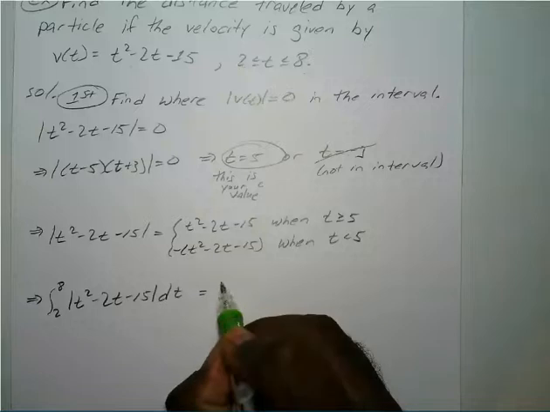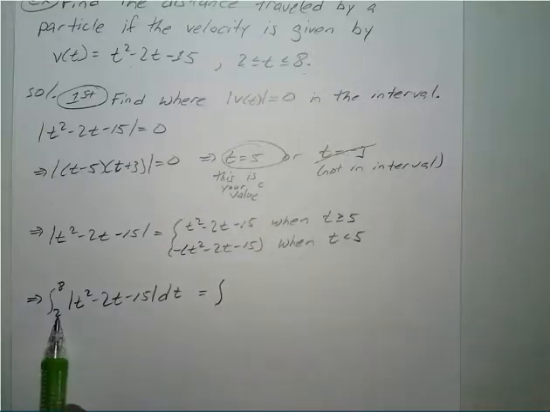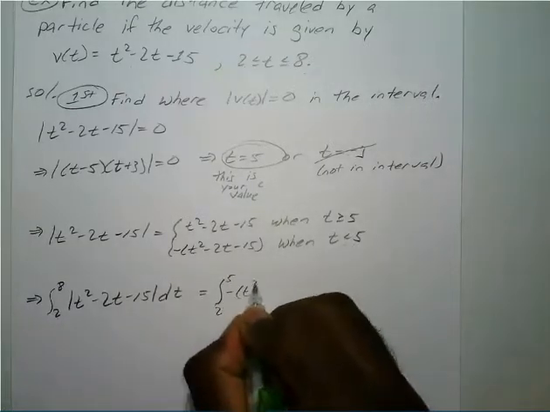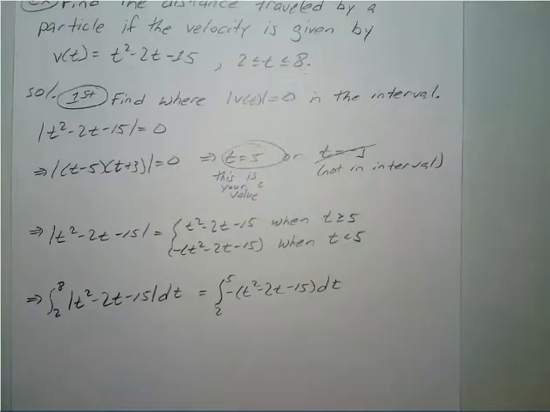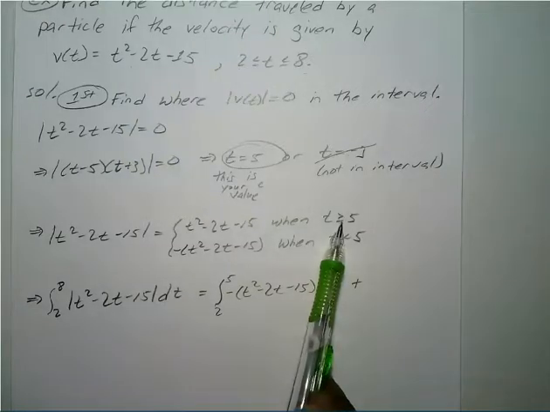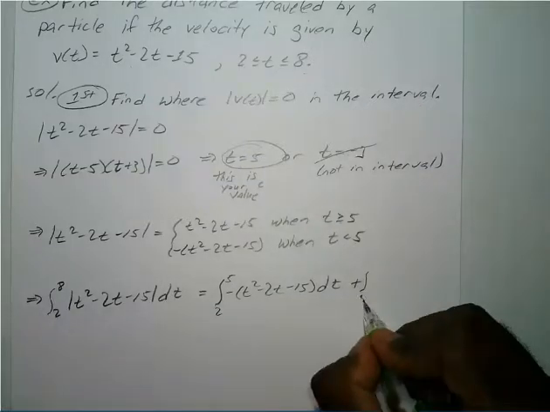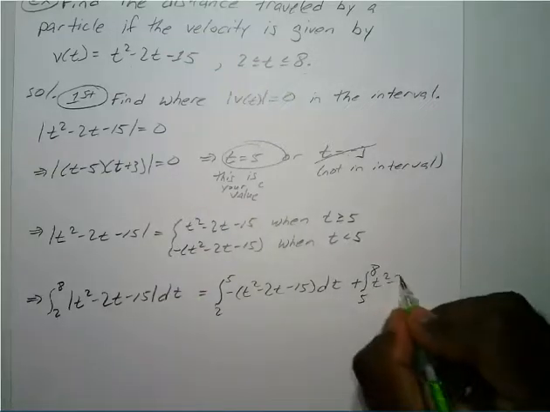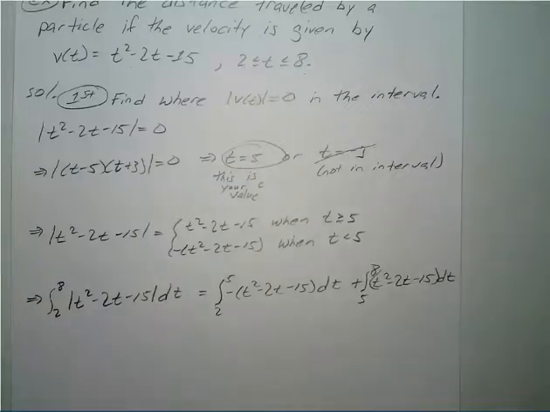It's going to equal the integral, since we're going with less than 5 but only starting at 2, from 2 to 5 of negative t squared minus 2t minus 15 with respect to t, plus, now going greater than or equal to 5, the integral from 5 to 8 of our positive t squared minus 2t minus 15 with respect to t.